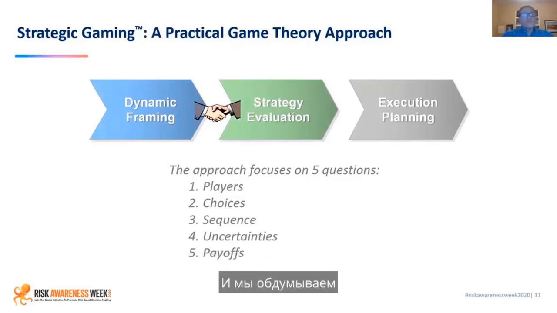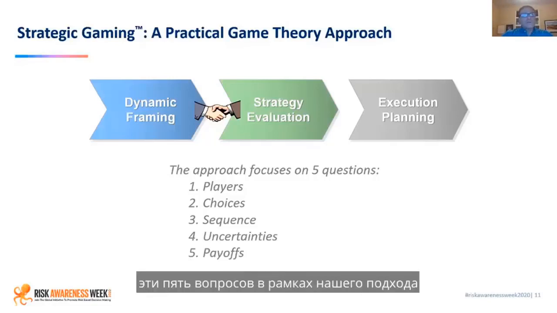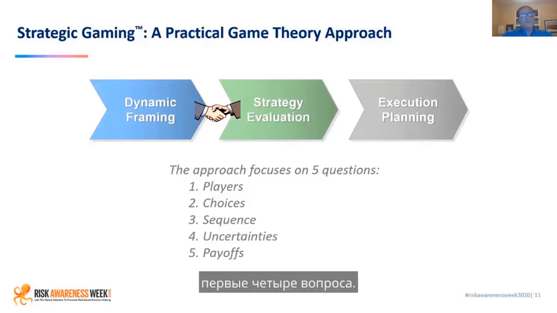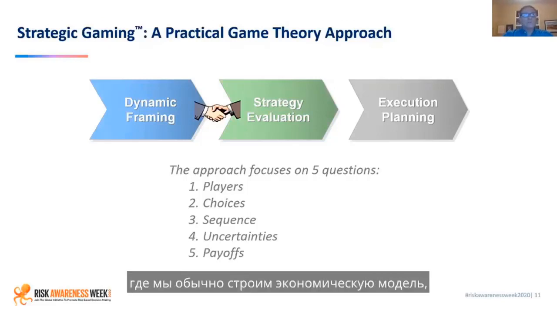We think about these 5 questions in our approach, and we start by framing up the problem, and doing that requires that we think through the first 4 questions. And then the 5th question comes into the strategy evaluation, where we usually build some sort of an economic model to come up with the payoffs for each of the players. And then we need to do the execution planning.